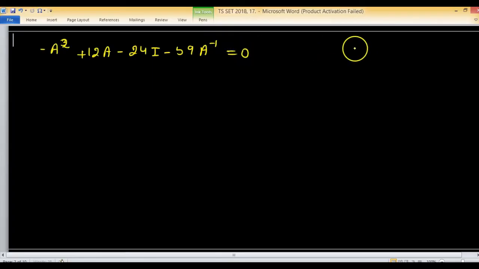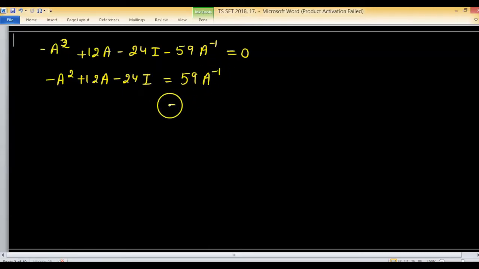Now on further simplifying, we have minus A square plus 12A minus 24I minus 59 A inverse. Because the matrix inverse exists, you can multiply by A inverse on both sides. Now we have minus A square plus 12A minus 24I equals 59 A inverse.